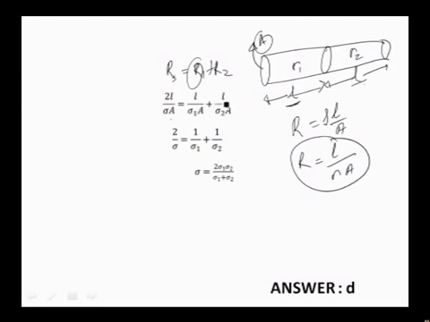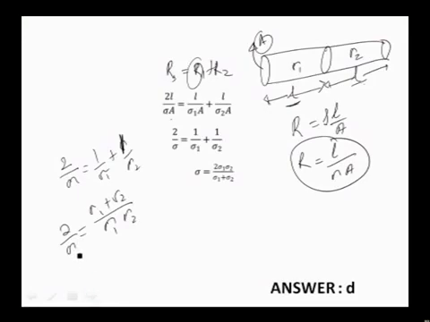Here the length is the same, the area is the same, so take it common and cancel, we get 2 divided by sigma equals 1 divided by sigma 1 plus 1 divided by sigma 2. By simplification, that is (sigma 1 plus sigma 2) divided by sigma 1 sigma 2, equal to 2 divided by sigma.